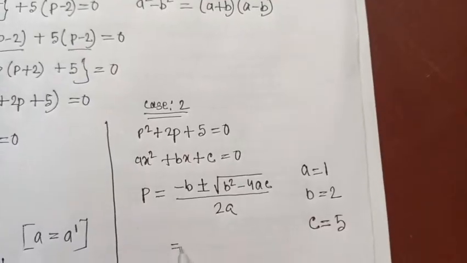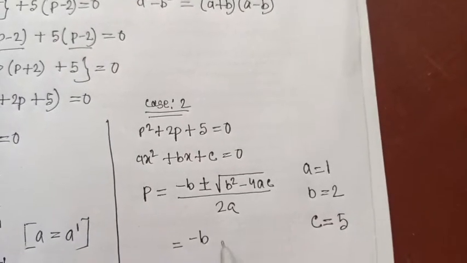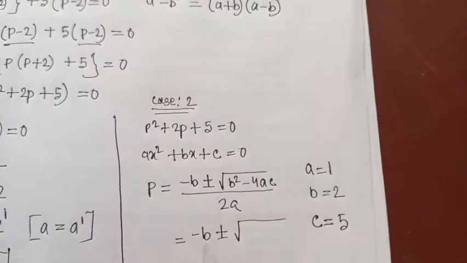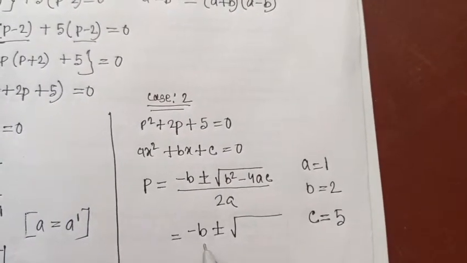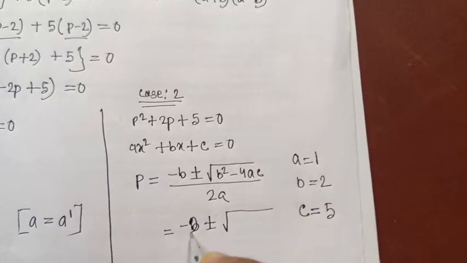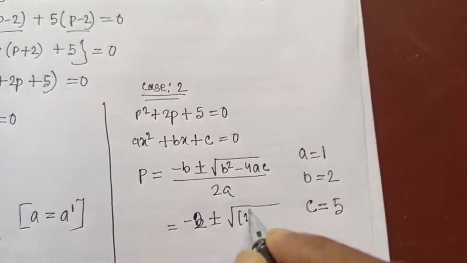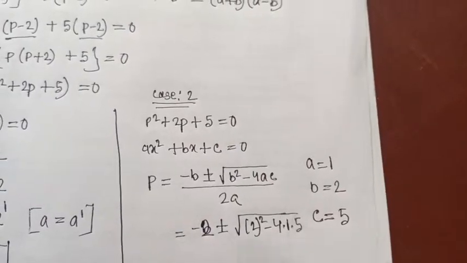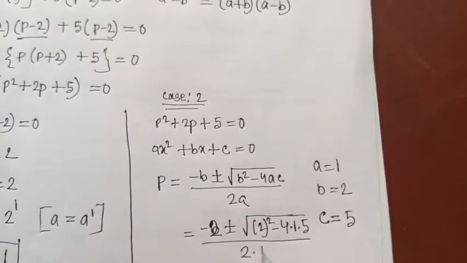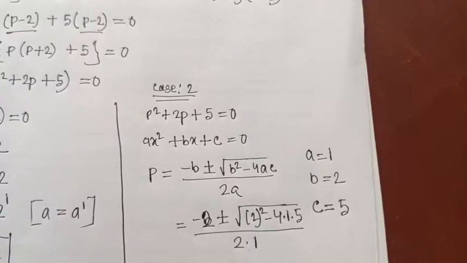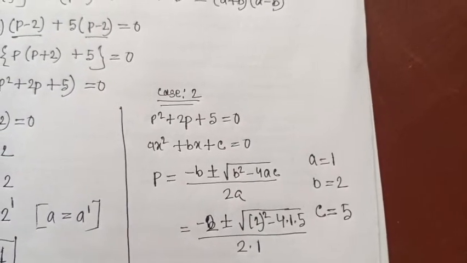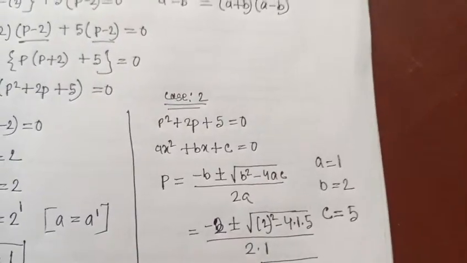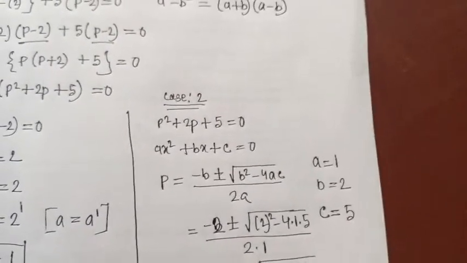So if we put here minus b plus minus this, put here minus 2 plus minus root over 2 square minus 4 into 1 into 5 by 2 into 1. So the equation becomes p equals minus 2 plus minus root over 4 minus 20 by 2.